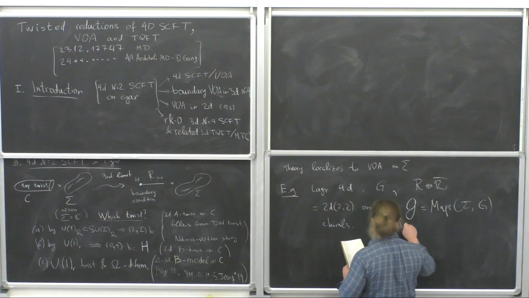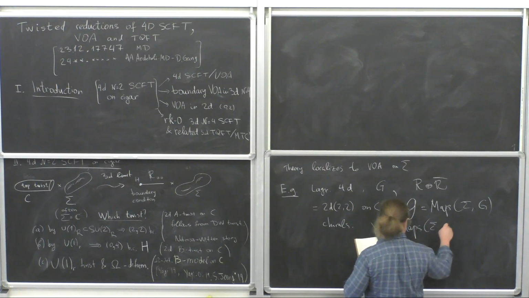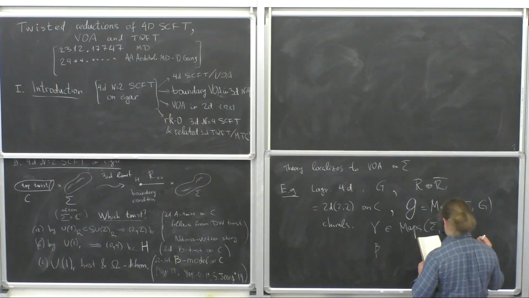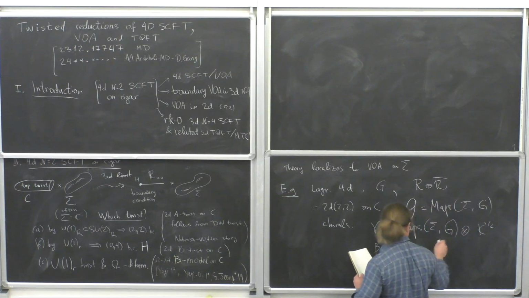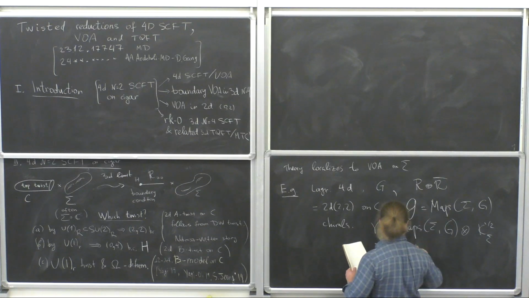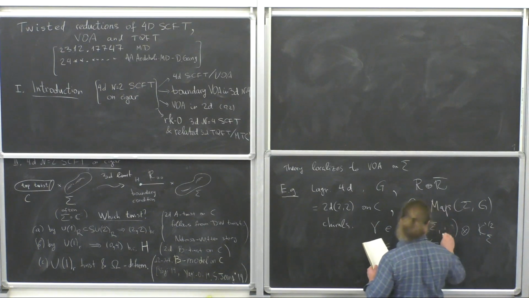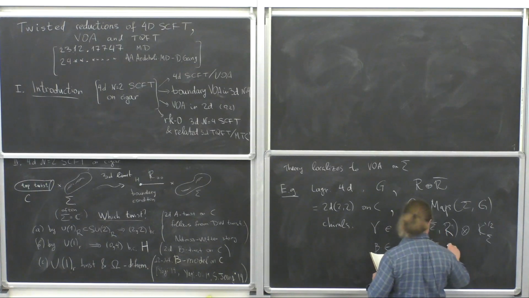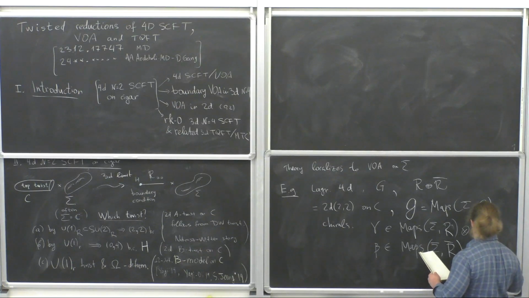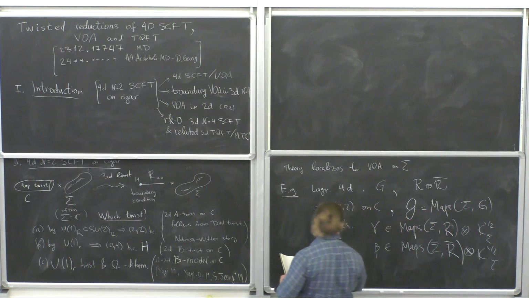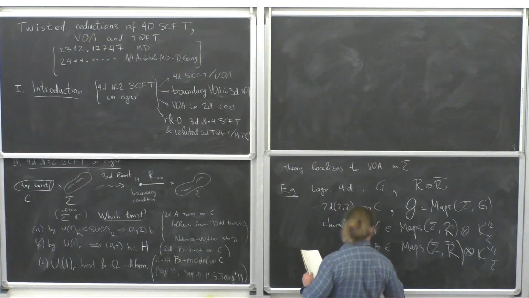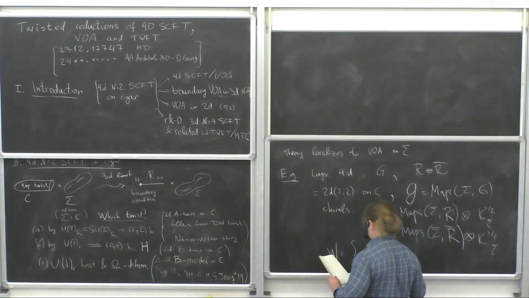Gamma is valued in maps from sigma to representation R, and I can also multiply it, say, by the square root of the canonical bundle on sigma. Beta is valued in maps from sigma to the dual representation, again twisted by this. And this theory also has a superpotential, which is beta times del-bar of gamma, of this type.